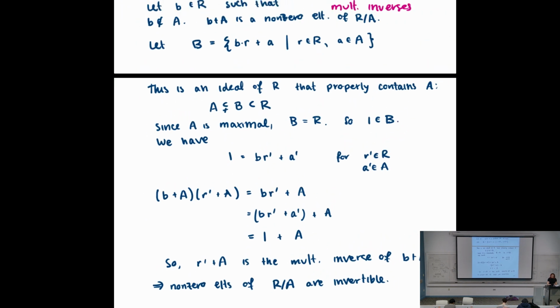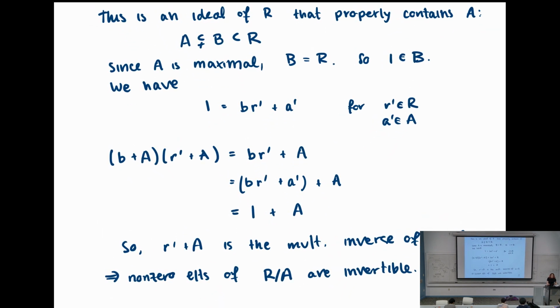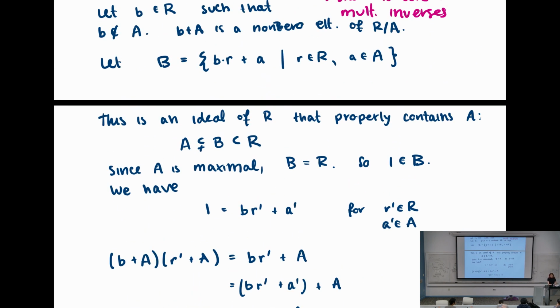Are there questions about this half? Is that too small? Yeah, it's too small. Are there questions? Yeah. Why is B properly containing A? Okay, because, so first of all, B contains A because I could set this little r equal to 0, and so then I have all the elements of A inside of B. And then it properly contains it because if I put this to 1, then b plus A, let's say, is an element of A. Why?